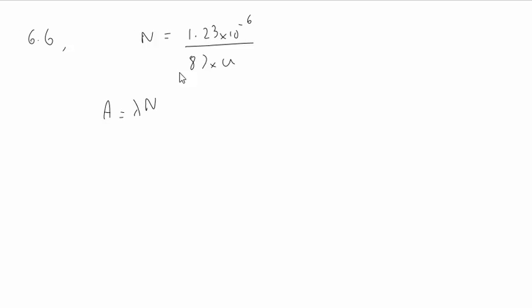Now in this case, we need to have the decay constant in seconds. So that is going to be 1.42 times 10 to the minus 11, that's in years to the minus 1.